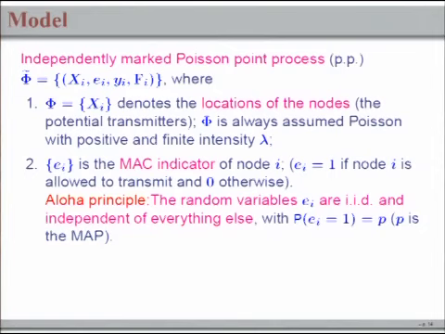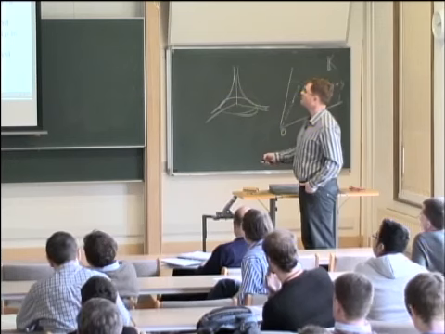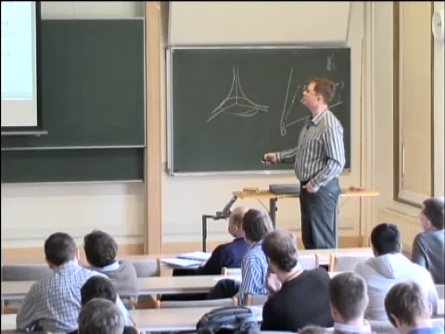First, this mark that says which node can transmit or not. This is a Bernoulli indicator of the thinning, e_i. It's either 0 when the node is not allowed to transmit and 1 when it is allowed to transmit. Everything is static in this model. So this is an independent thinning of the point process Φ by independent Bernoulli random variables.